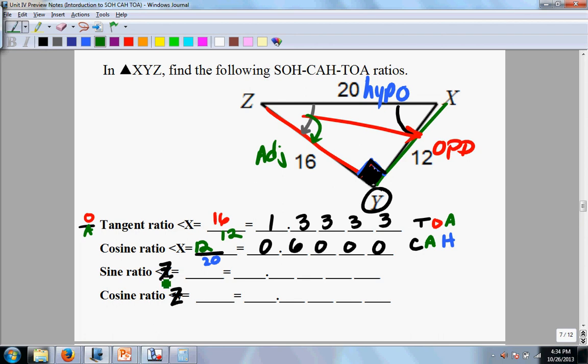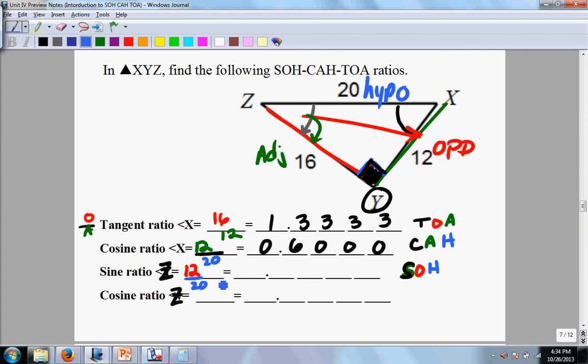So the sine ratio of angle Z, put this in the margin, sine is going to be the opposite over the hypotenuse. So the sine of angle Z, the opposite is going to be 12, and the hypo is going to be 20.